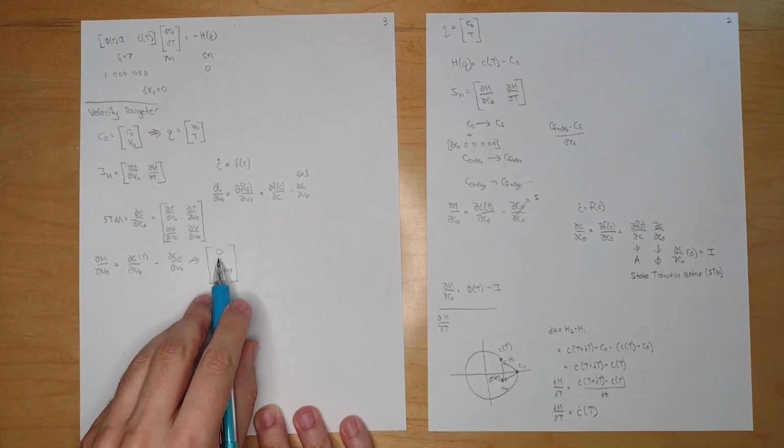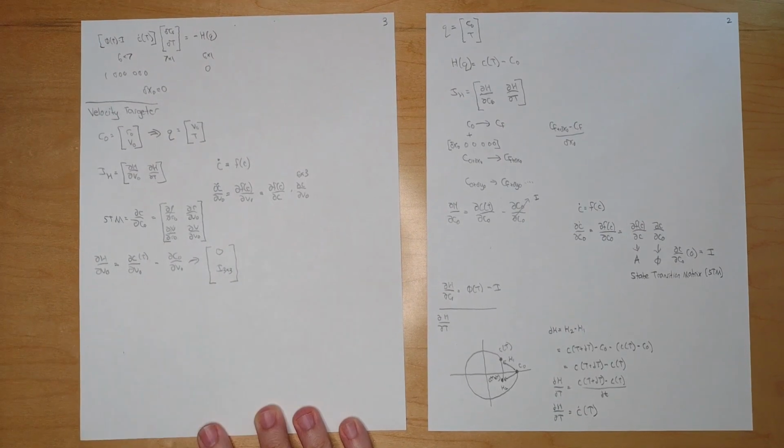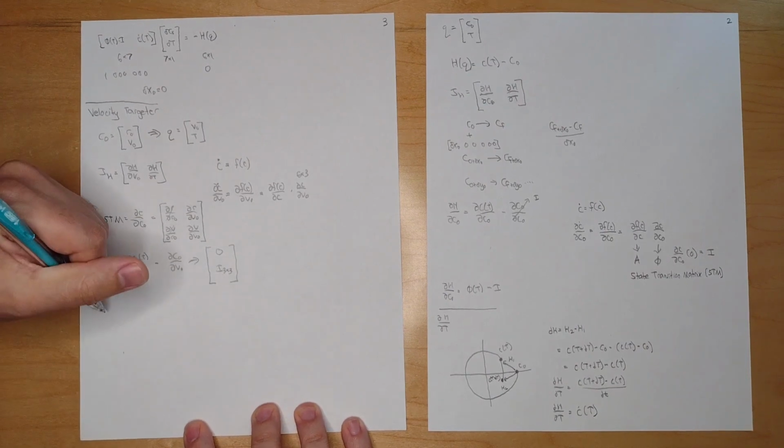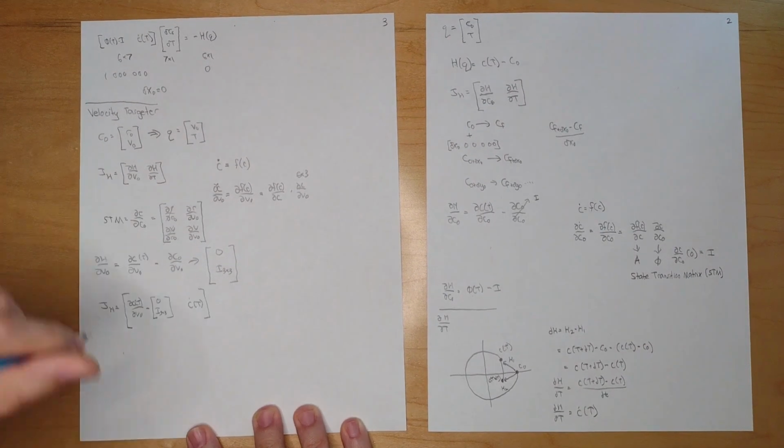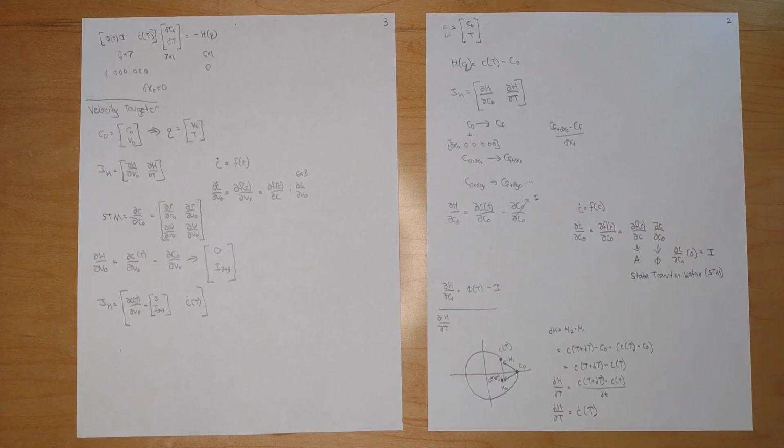So this is a 3x3 matrix of zeros, and this is a 3x3 identity matrix. And so now we have our full Jacobian. So now we can go back into Python and code this up and start comparing it to the algorithm from the previous lecture.